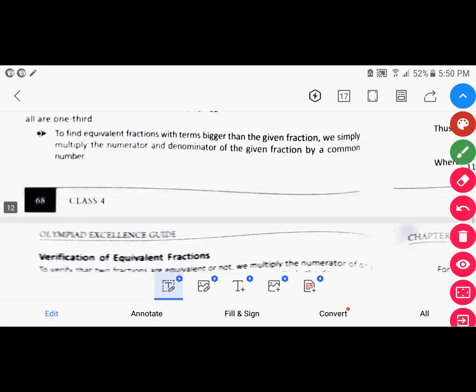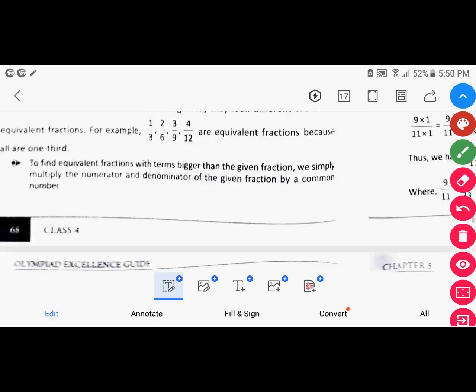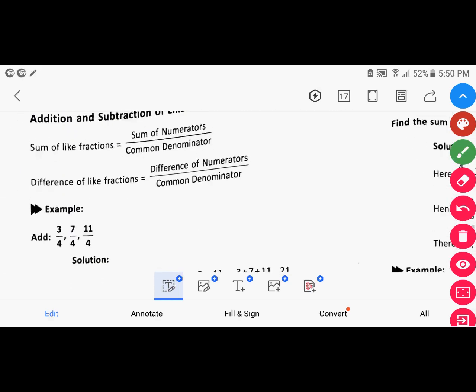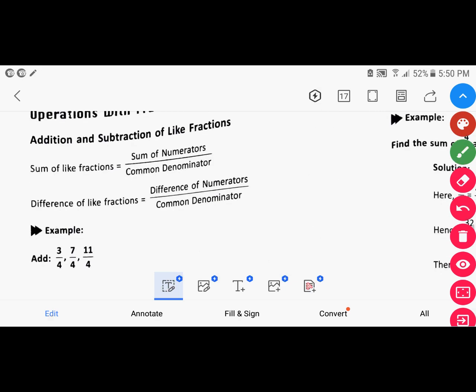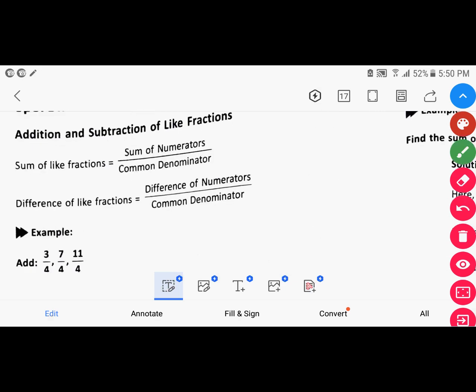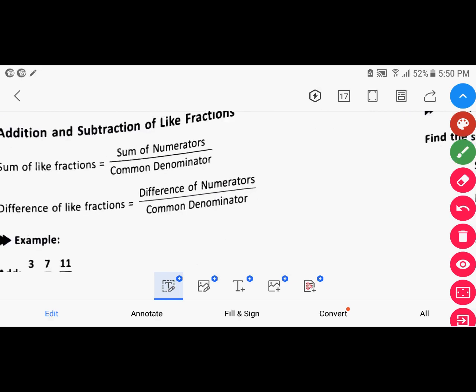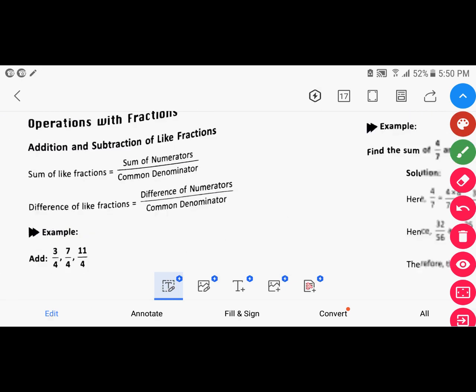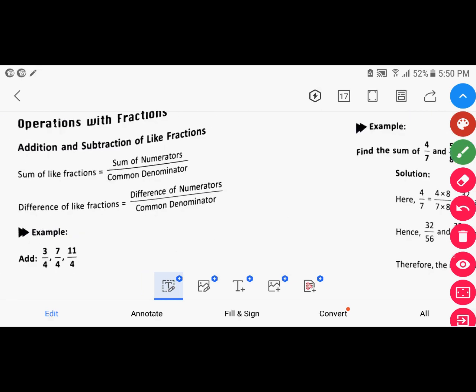of the fractions. Okay, now addition and subtraction. Sum of numerators, if the common denominator is there, so if the denominator is common in addition and subtraction, we just add the numerators. Difference of like fractions, if different denominators are there, we convert them into a common denominator and then we add them.